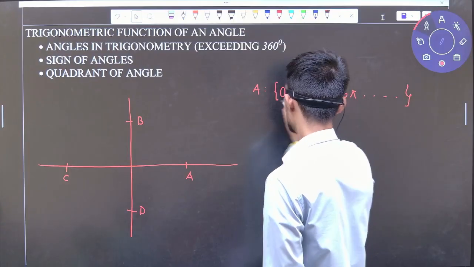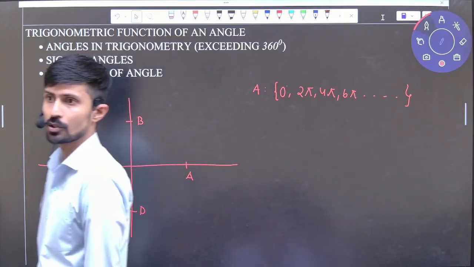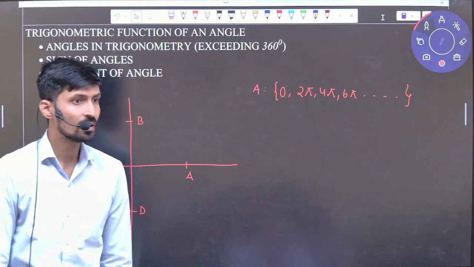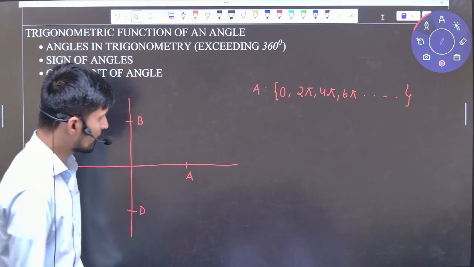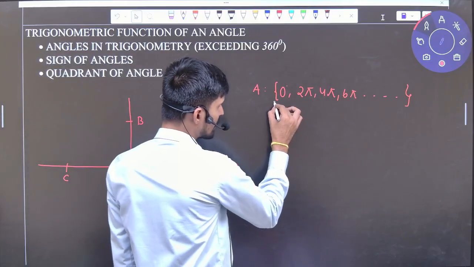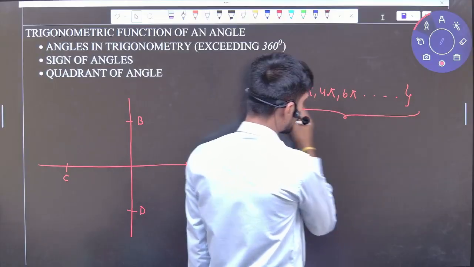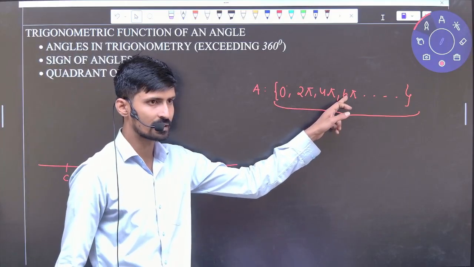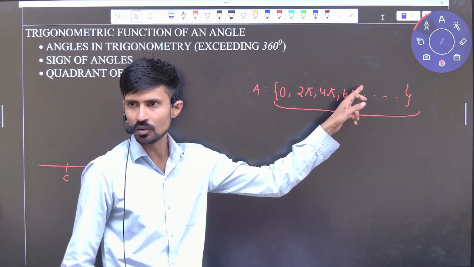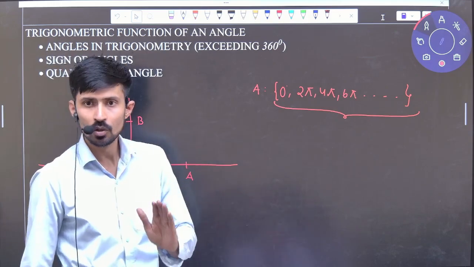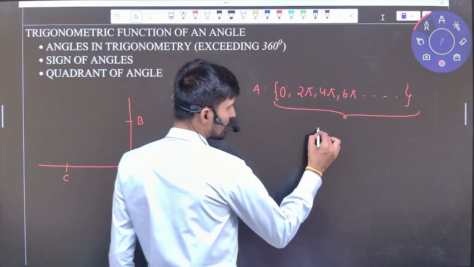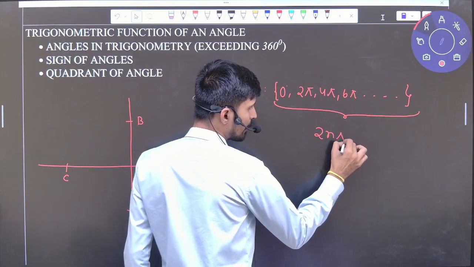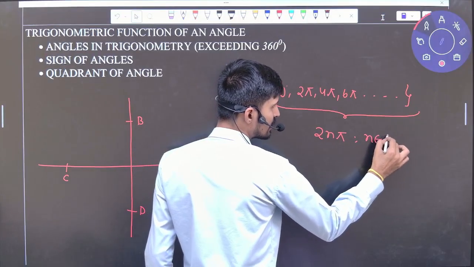So that is our set written in roster form. Now if we want to write this with one simple formula, one pattern is going: 0, 2, 4, 6, 8, even numbers. How do we write an even number? 2 into n. So A point we can write 2n pi, and n is an integer.